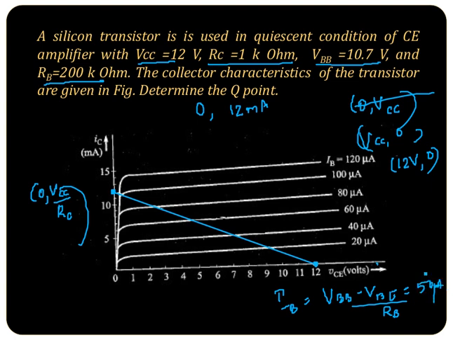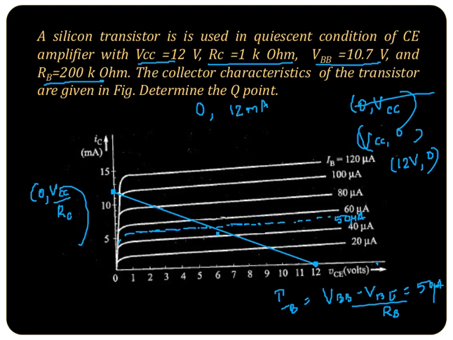The 50 microampere characteristic is not given here. So what you have to do is plot the 50 microampere base current. For 50 microampere, the characteristic will be like this, in between the 60 and 40 microampere.